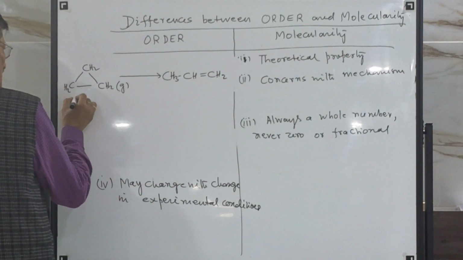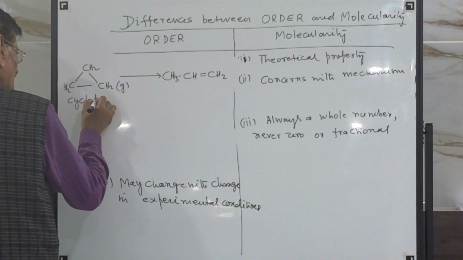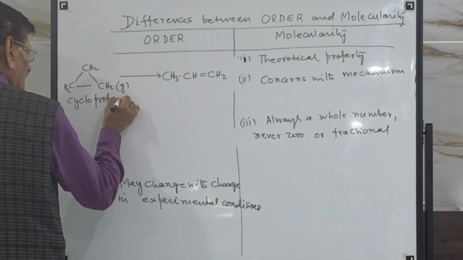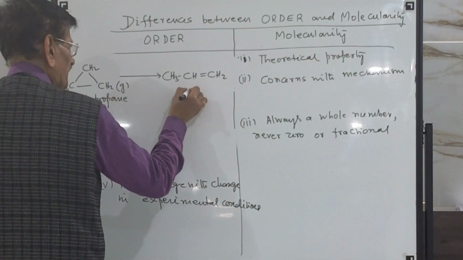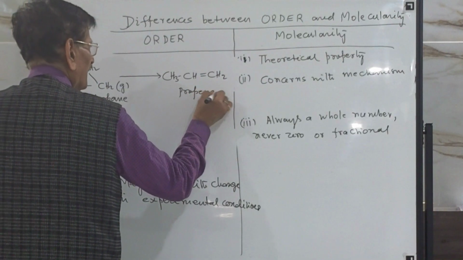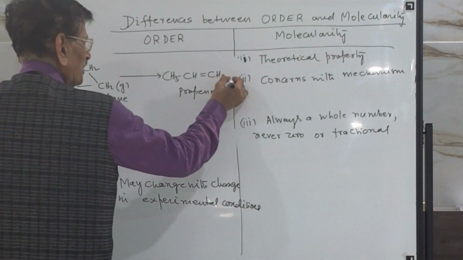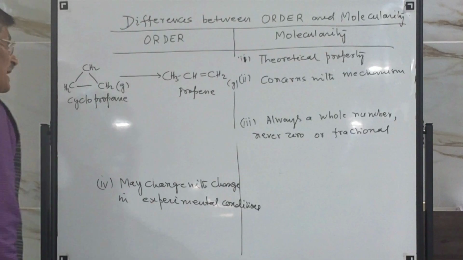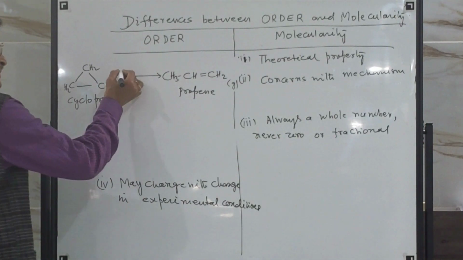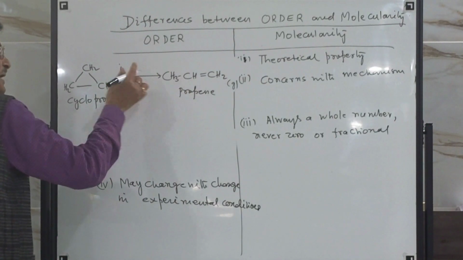This is cyclopropane and this is propene, which is also a gas. This reaction is called an isomerization reaction because these two are isomers.